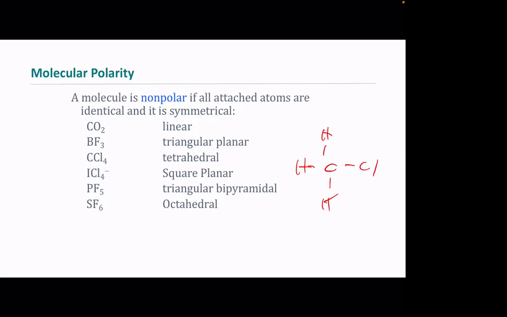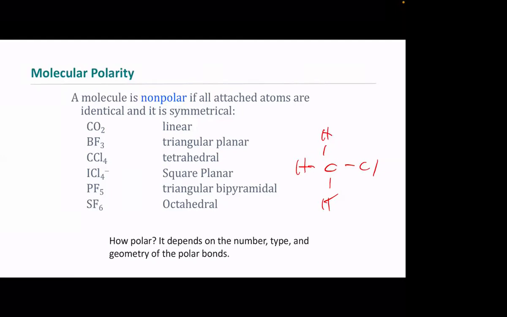Now, how polar are these things? Well, you don't have to be able to tell me what a dipole moment is. I couldn't tell you. That's something that's measured in the field. But it depends on the number, the type, and the geometry of the polar bonds. How polar is this one here compared to one that has 2 chlorines on it?